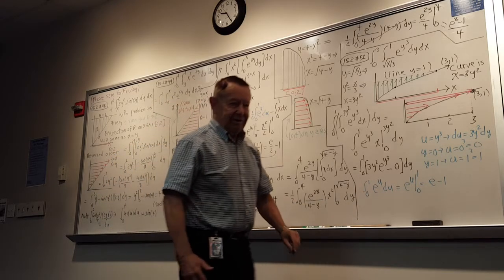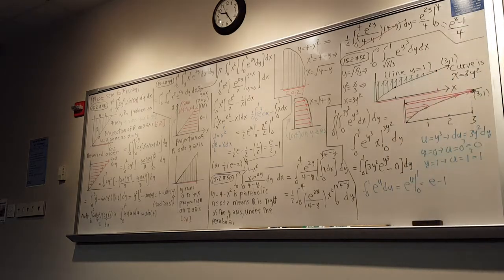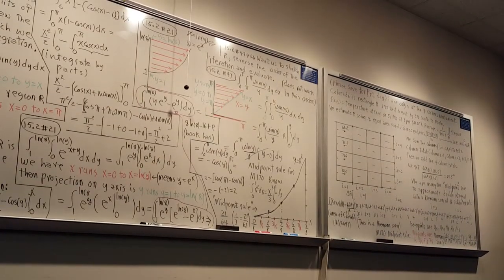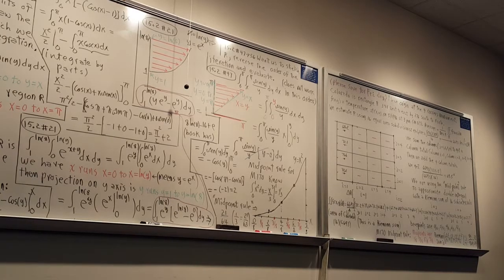So before we go, let's look at our Maple. I've done a couple of these, I think. We were looking at our Maple yesterday. The double int command will do these.